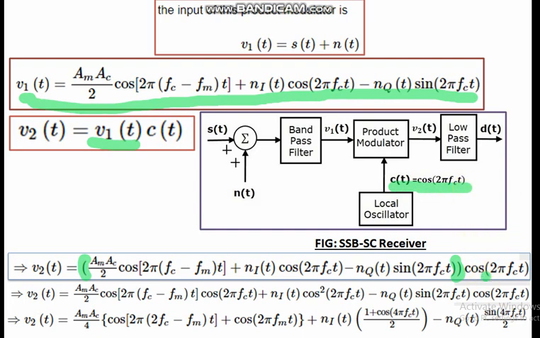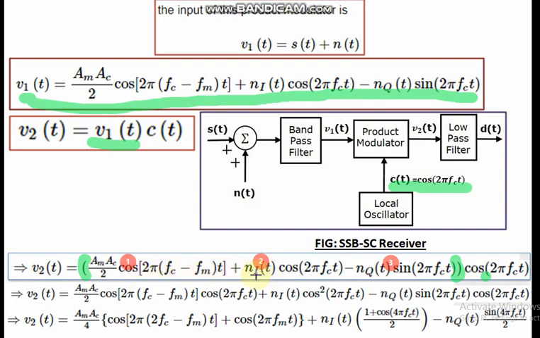Okay. Now under the small bracket of V1t, this is the one term, the second term, and this is the third term. Means under the V1t formula there are three terms. First term is AM AC by 2 cos 2 pi fc minus fm t.